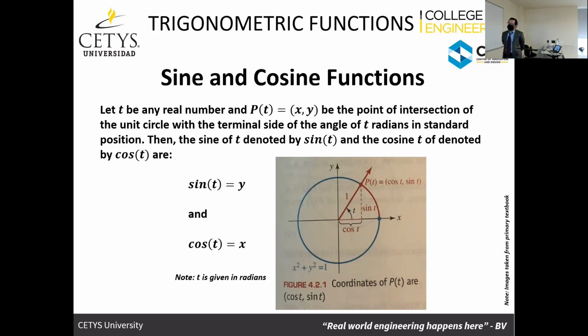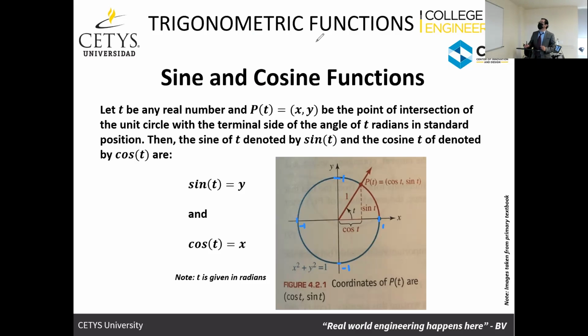So let's assume that we've got the Cartesian plane and a circle in the Cartesian plane that's called a unit circle. Why is it called a unit circle? Because the radius is 1. The circle crosses at 1, 1, minus 1, and minus 1.